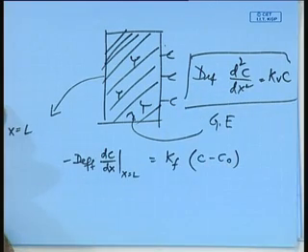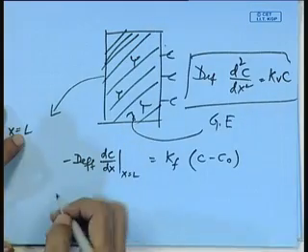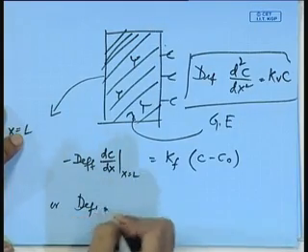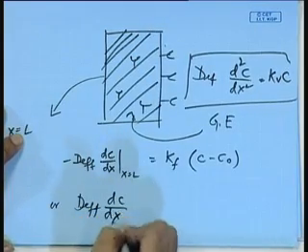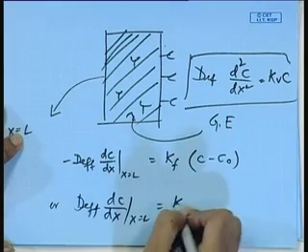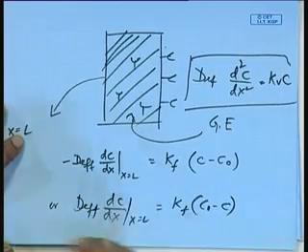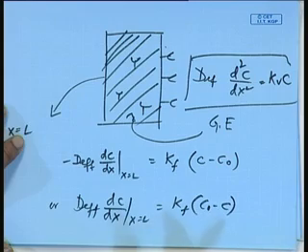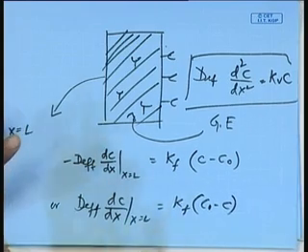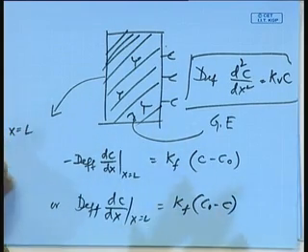Or in other words you can just write it like this, D effective times del C del x at x equals L equals Kf times C naught minus C. That is how people write it, because C naught is typically larger than C. So, this is what you have. Is there any problem with this? No, absolutely not. Okay.